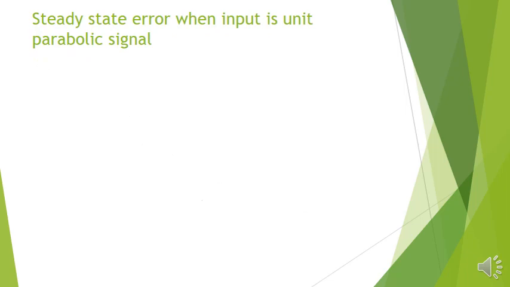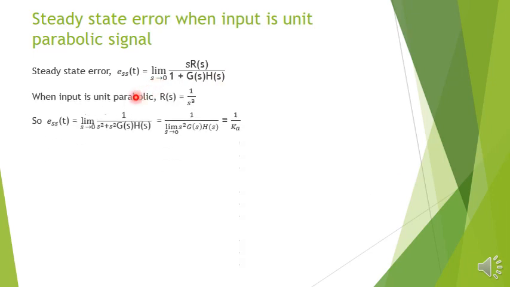Now we will concentrate on steady state error when the input is a unit parabolic signal. As earlier, the steady state error ess is equal to limit as s tends to 0, s R(s) divided by 1 plus G(s)H(s). For a unit parabolic input, R(s) is 1 by s cube.